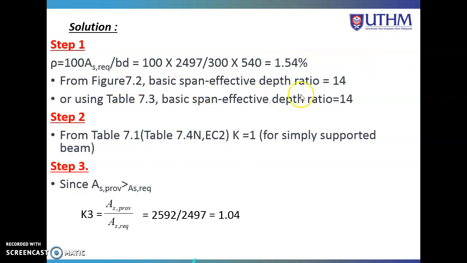So we use the graph and draw across, and we get 14. You can do it by yourself or we use Table 7.3. So we get a ratio of 14. Step 2. Okay, this is simply supported, as mentioned earlier. So K1 is 1. Step 3, we calculate As provided divided by As required. So we get 1.04.